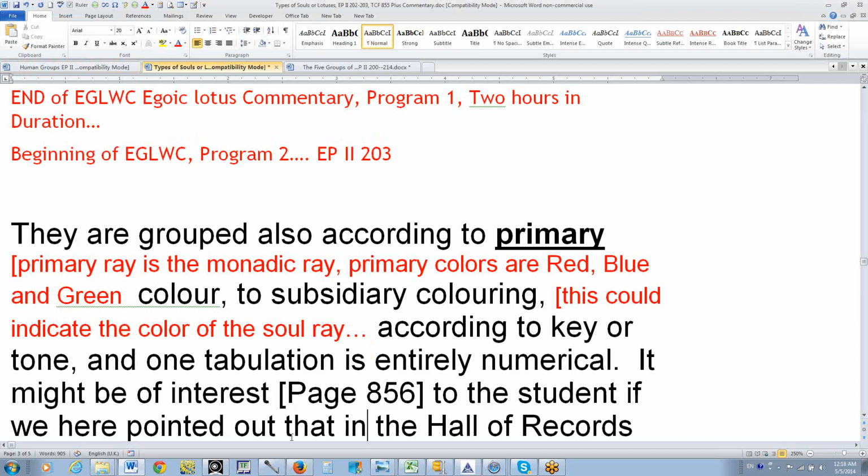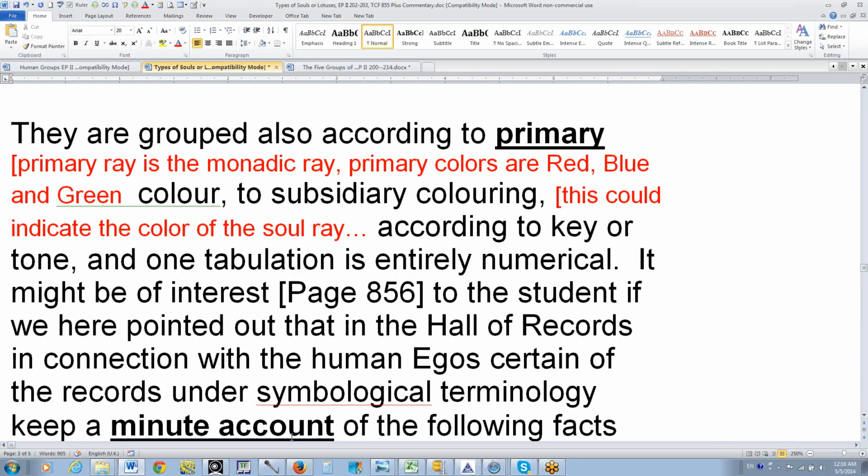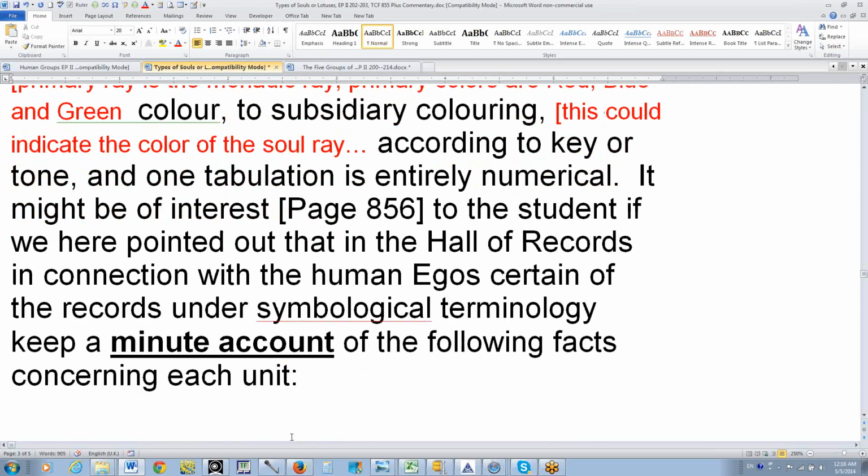in the Hall of Records, in connection with human egos, certain of the records under symbolical terminology keep a minute account of the following facts concerning each unit.